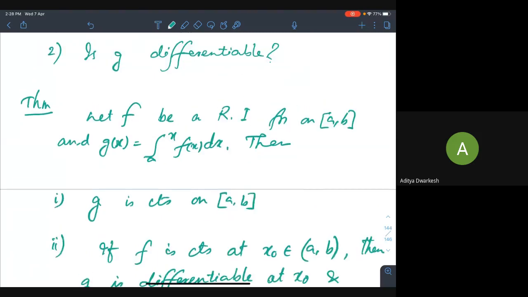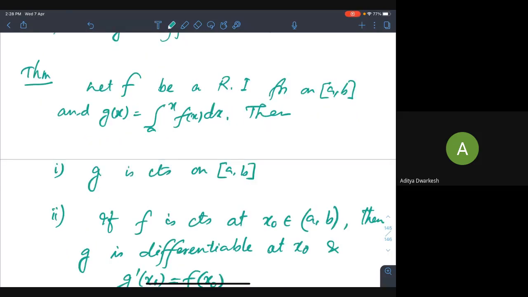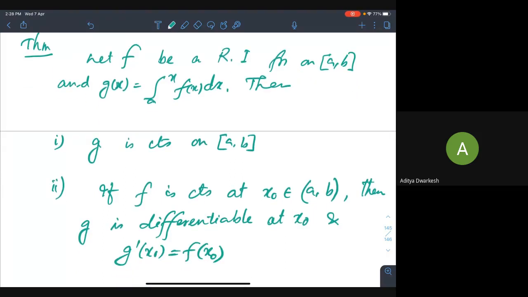So if you look at this function and take its derivative, you'll get the function back. It gives you a function whose derivative is f. Given a Riemann integrable function, if you can define this function, and if f is continuous, then this function is not just differentiable, its derivative is f.